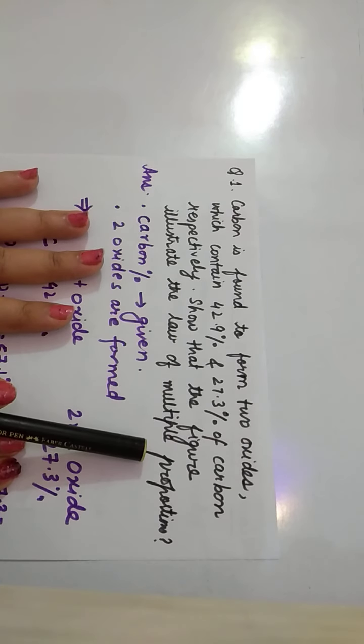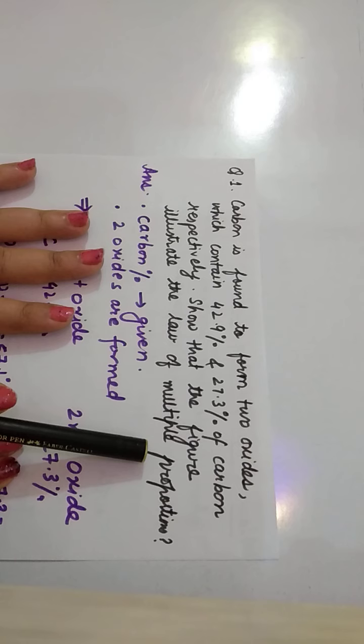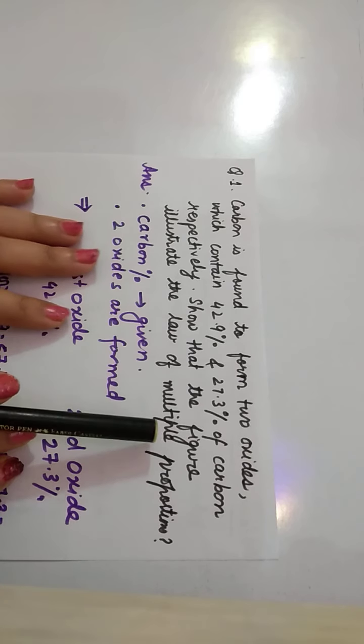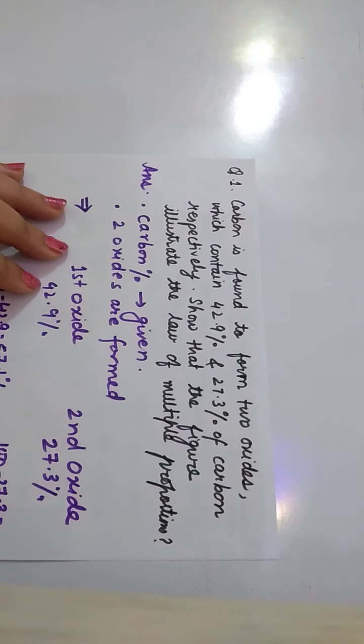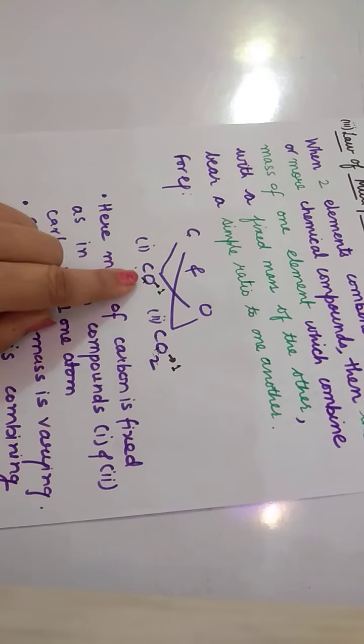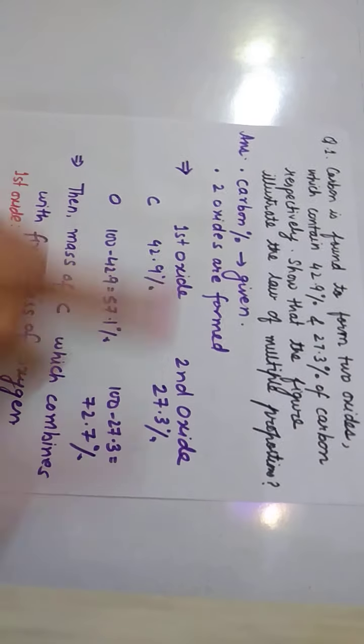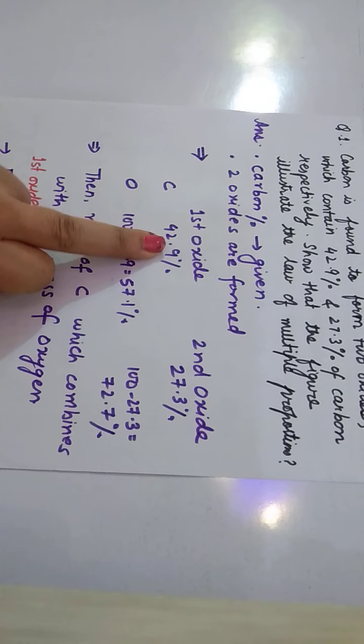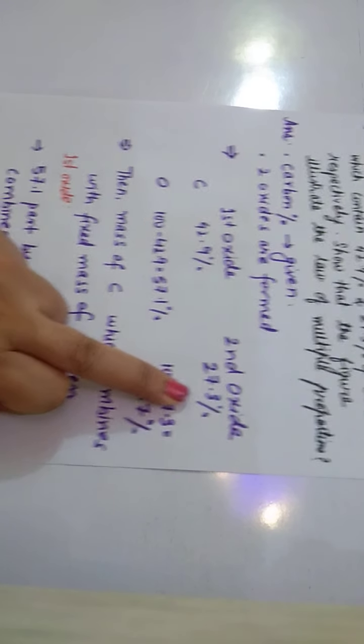So what do we do in the law of multiple proportions? We have to take out the ratio of the element whose mass is varying. Like earlier, we found the mass of oxygen, whose mass was varying. Here two oxides are given, with carbon percentages of 42.9% and 27.3%.